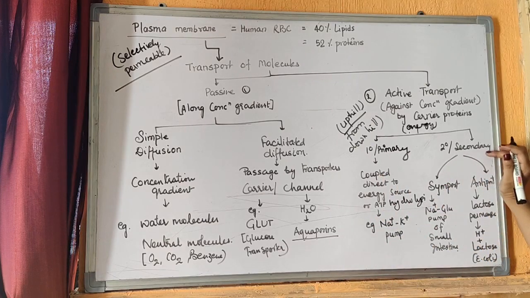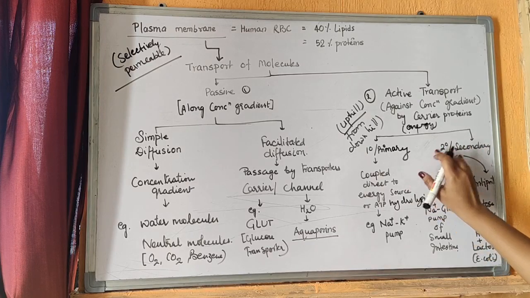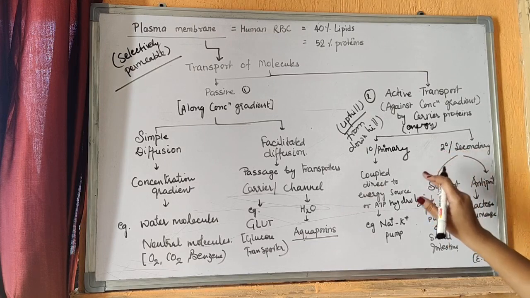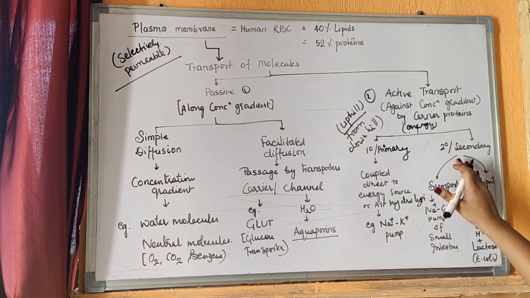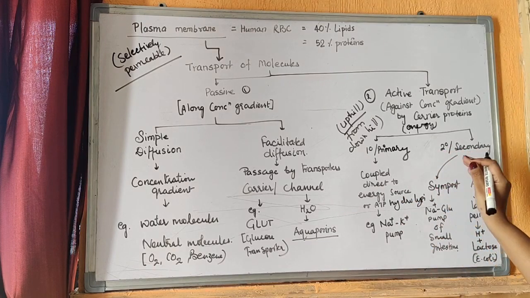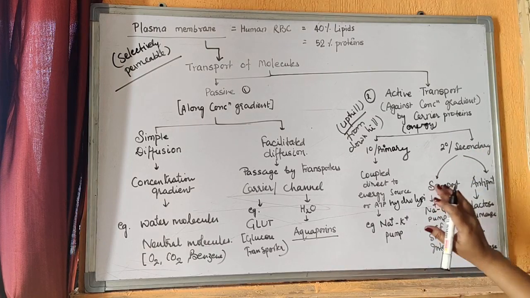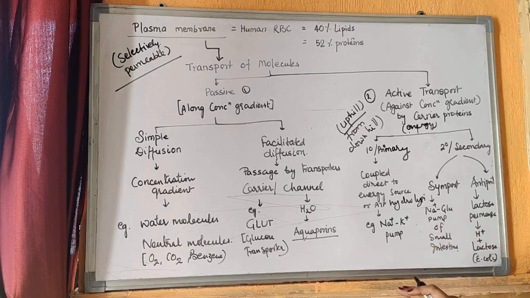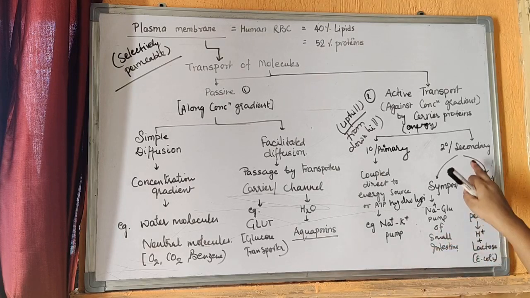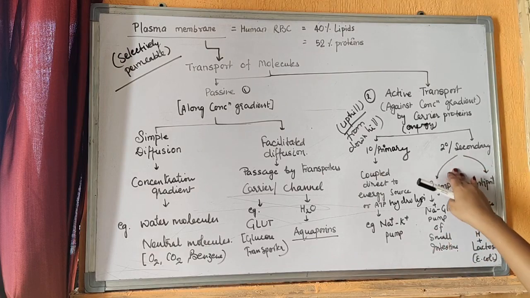While secondary active transport is the type where the molecule is not directly attached to the energy source, but is attached to another molecule, and together they are transported in the same direction or in opposite directions, and the energy is utilized. Secondary active transport is of two types: symport and antiport.